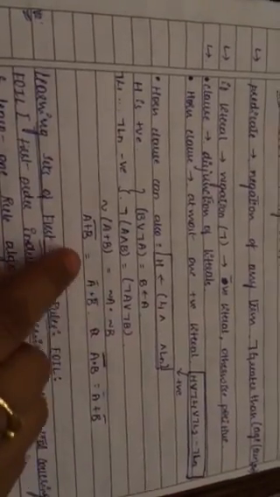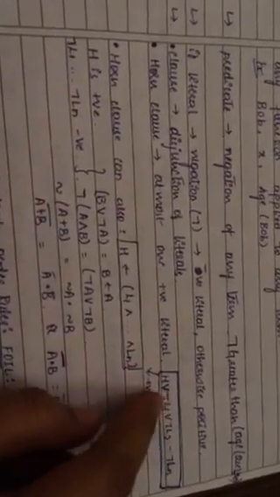So negation of A plus B is the same. This is a disjunction symbol. Disjunction is an OR function, whereas a conjunction is an AND function. So negation of A plus B is equal to A bar dot B bar. This is as per our De Morgan's theorem. We can write the AND function converted to an OR function, and that is written here. So Horn clauses can also be written in this form.